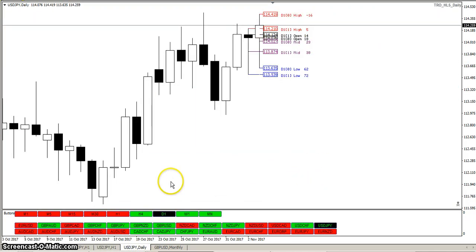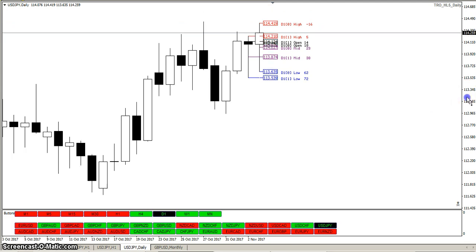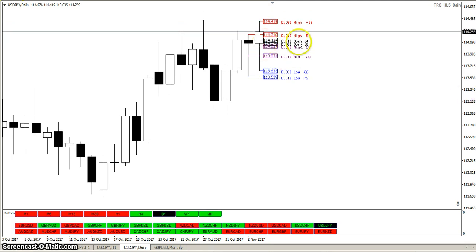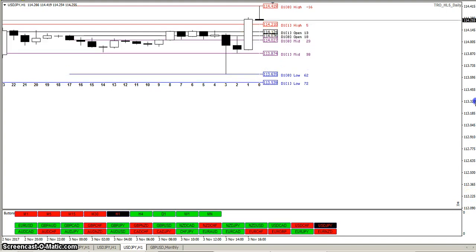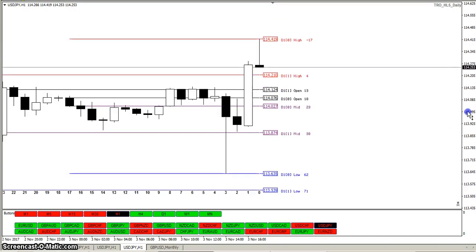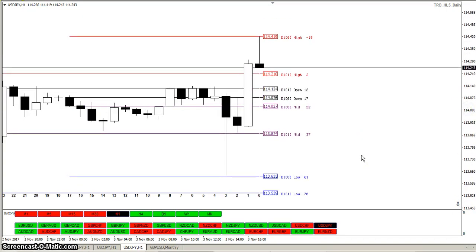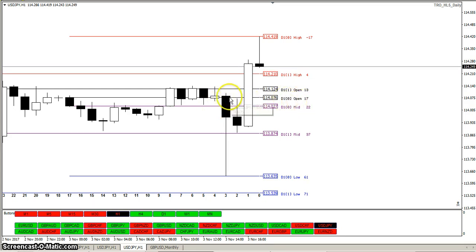Of course, we could just go ahead if we wanted to, and we could look at the daily chart here, where we're using today's high, low, open, mid, and the previous. So let's switch back to the 1 hour chart. Okay, and once again, you see here, it opened, there's the daily open right there.